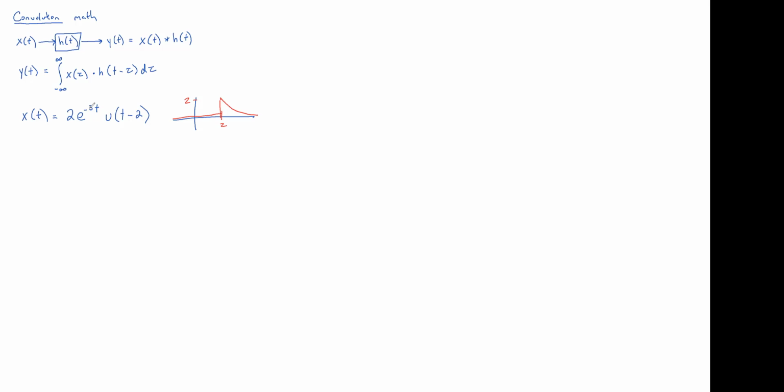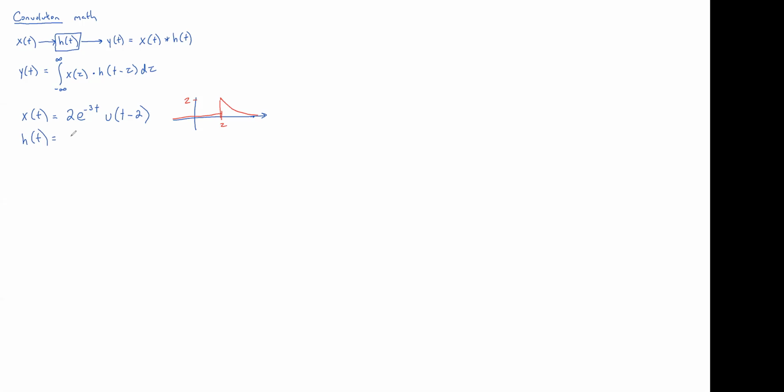Its time constant is 1 over this coefficient, which is 1/3. So after 5 time constants, or roughly 1.5 seconds, it's decayed to about 99% of its final value. So this will decay down to about 1% of 2, or about 0.02 after 5 time constants, which would be 5 over 3, about 1.5 seconds.